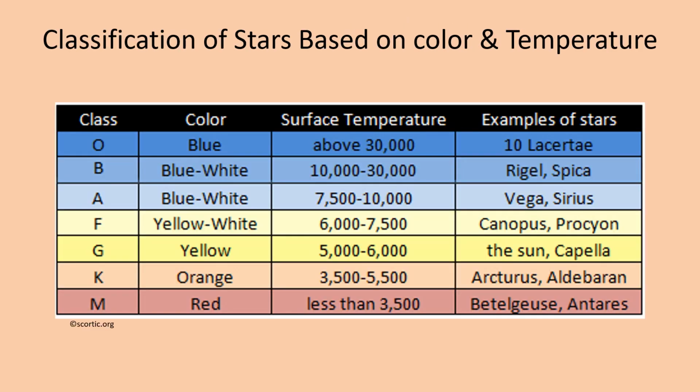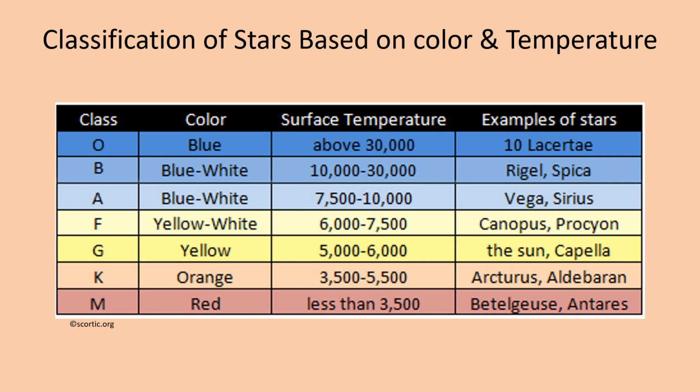So now on the basis of the HR diagram, we can show the classification of stars based on their color and temperature range. As you can see in the chart, class O has color blue with surface temperature about 30,000 Kelvin, and as the trend goes downwards, temperature decreases and the color changes to red.